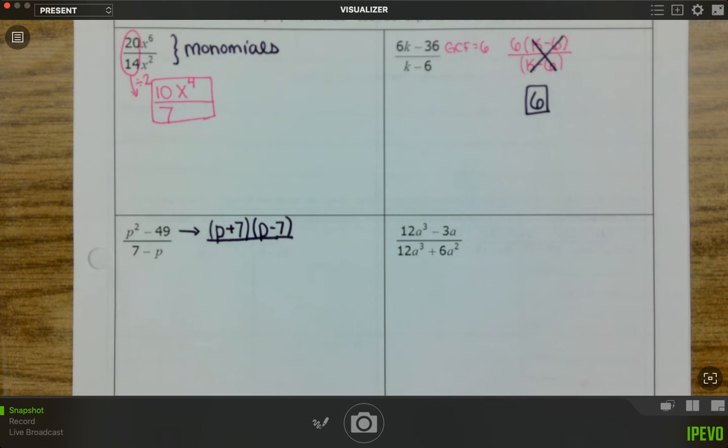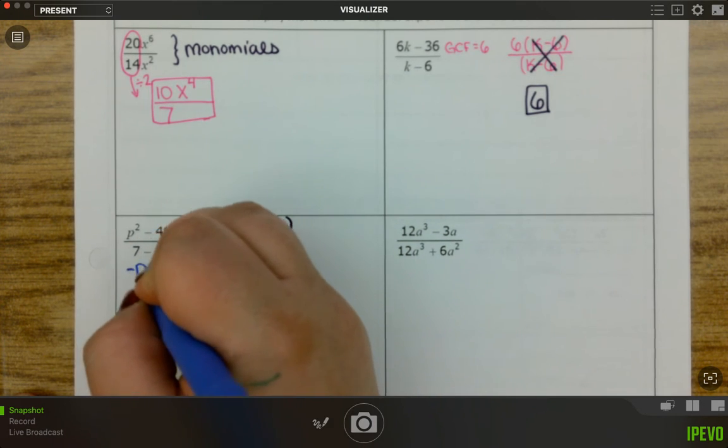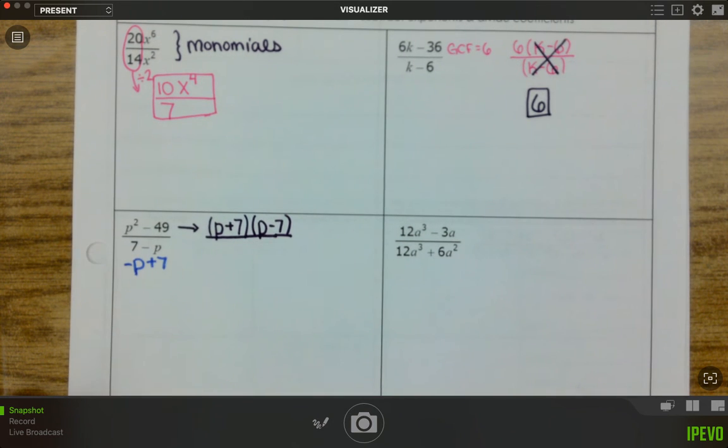Ta-da! And then on the bottom, it's written in the wrong order. We don't like when the variable goes last. So what we're going to do is rewrite this like this. Notice how I'm keeping the negative with the p because 7 isn't negative. The variable p is. And then we don't like when there's a negative in front of our variable.